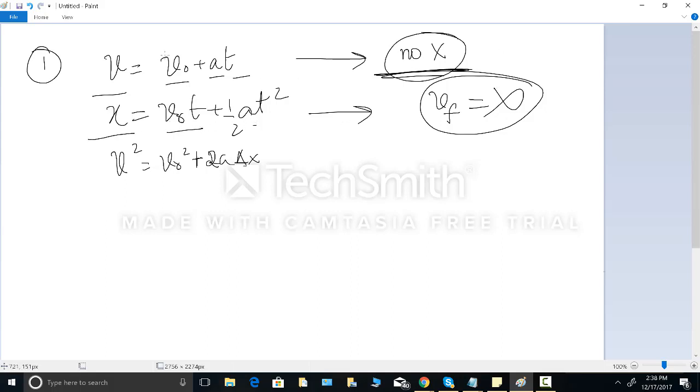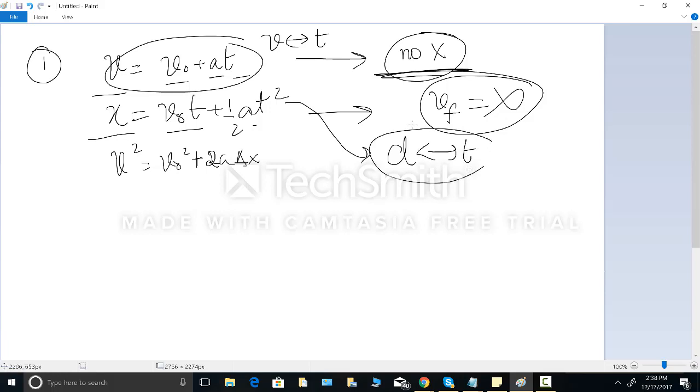In the first, we have a relationship between velocity and time. And in the second equation, we have a relationship between distance, or x, and time. This is a simplified way to look at it.